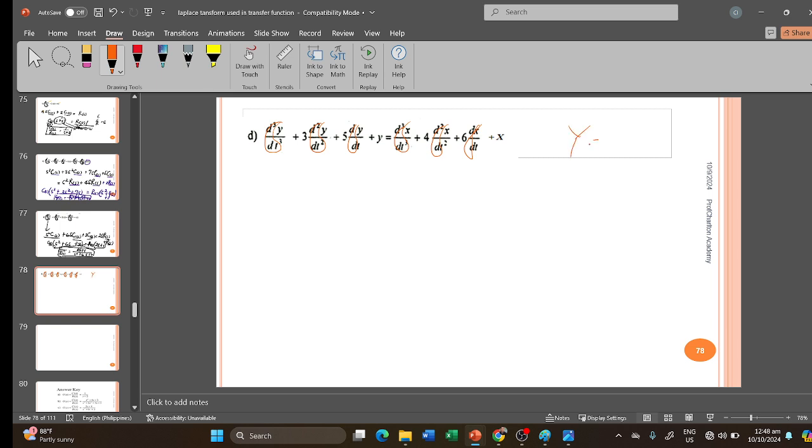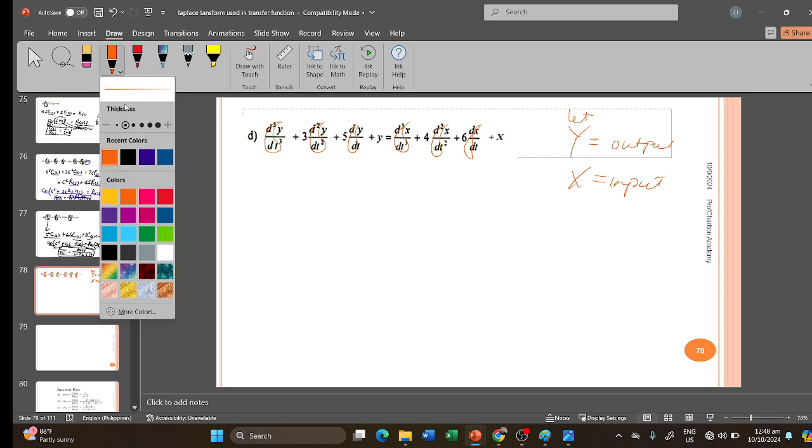For example, let y become the output, and x is the input. If that is our case, we could also interchange depending on our desire.